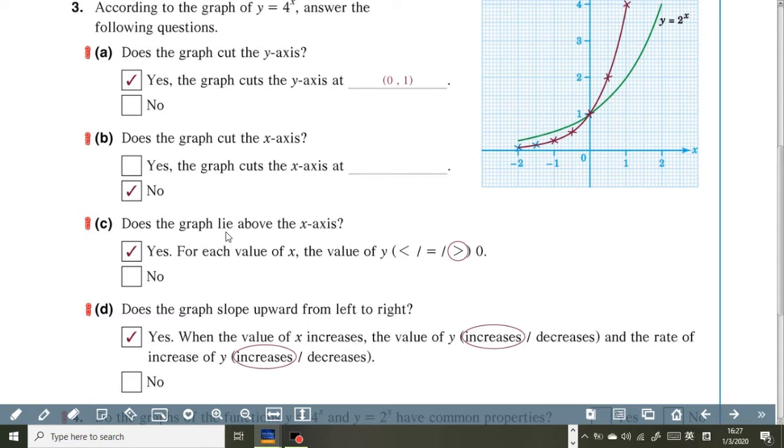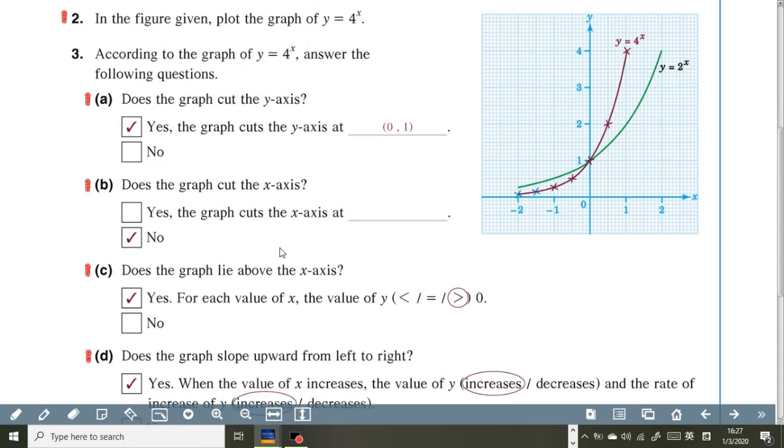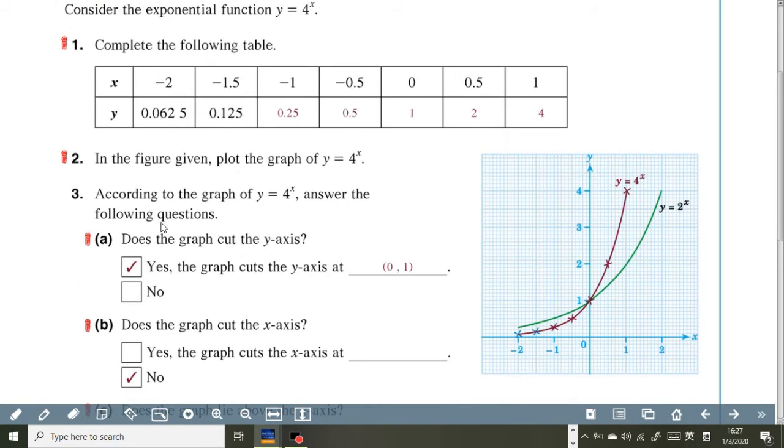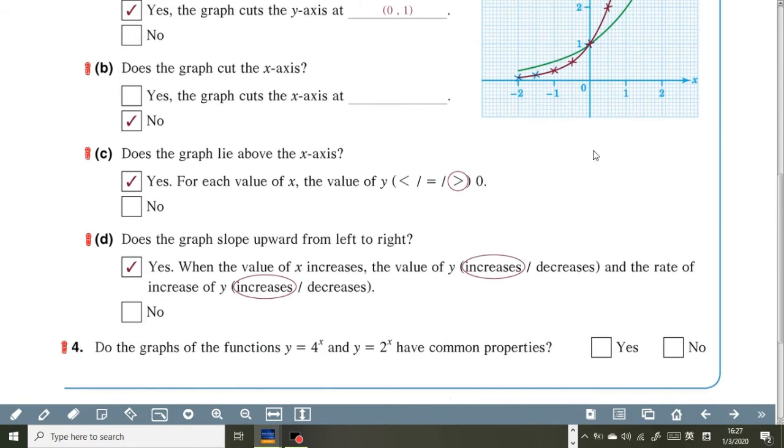You must note that we always use this sentence to describe the graph. Finally, do the graphs have the same common property? Sure, they have the same property if you compare with the previous page.